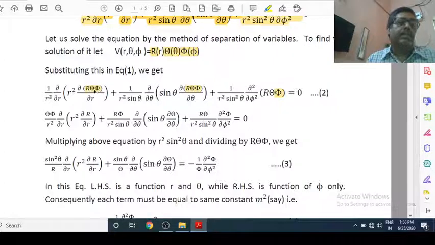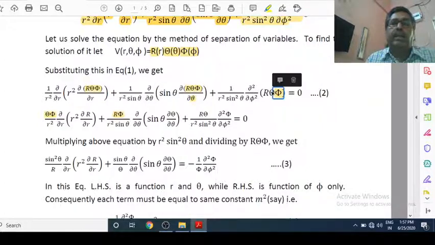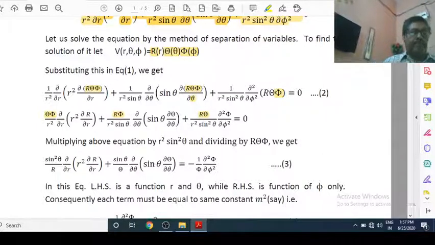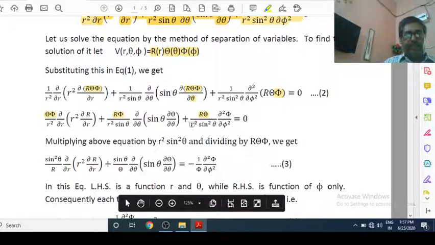If they are taken out of the differentiation sign, I write here this one. Similarly, this is theta, so only the term containing Theta will be here and the rest, R Phi, will be outside. And here del phi, so Phi will be here and R Theta will be outside.